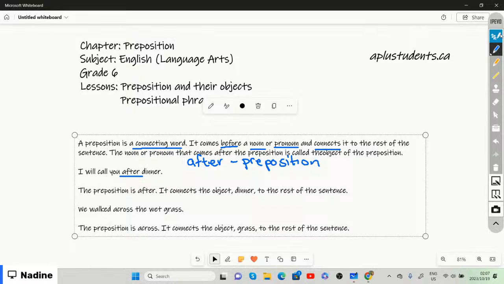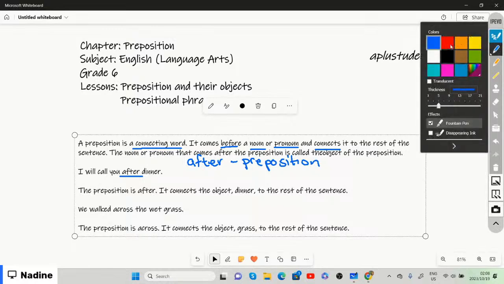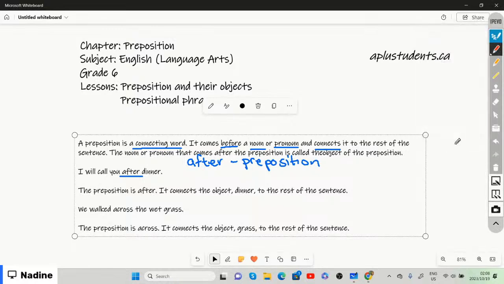And remember we said that the noun or pronoun that comes after the preposition, in this case dinner, we call the object of the preposition.